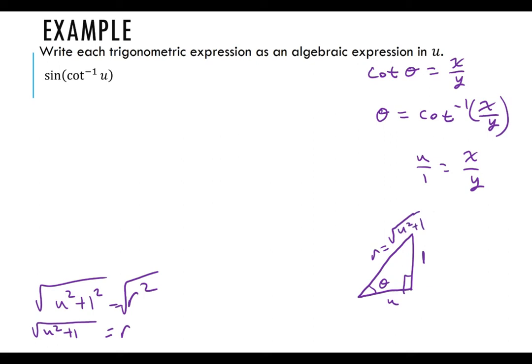And at this point, this is now the sine of theta in this triangle that I've drawn. And so sine is y over r, or opposite over hypotenuse, which is 1 divided by the square root of u squared plus 1.